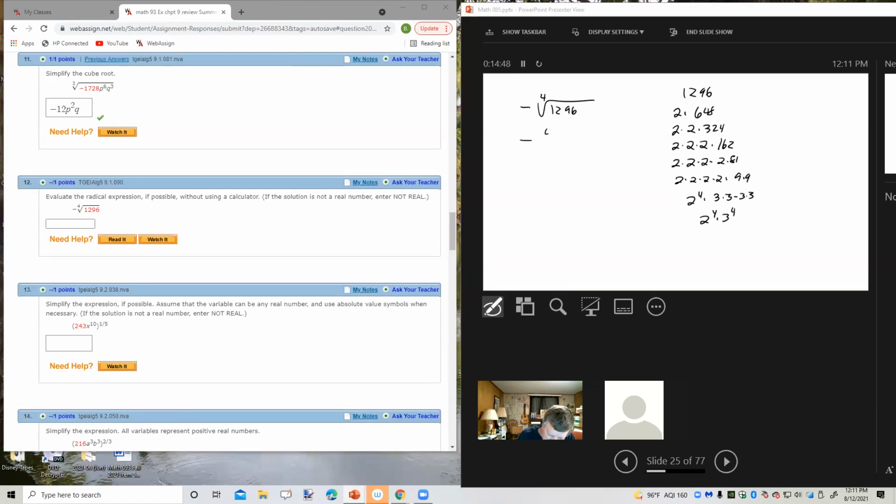Okay, so 2 to the 4th times 3 to the 4th. We've got a negative sign outside. The 4th root of 2 to the 4th is 2 outside. The 4th root of 3 to the 4th is 3 outside, so -6.